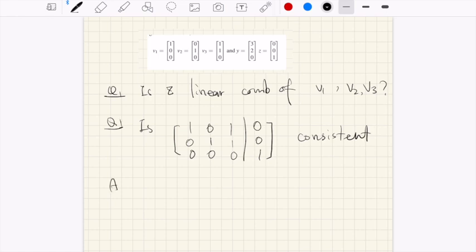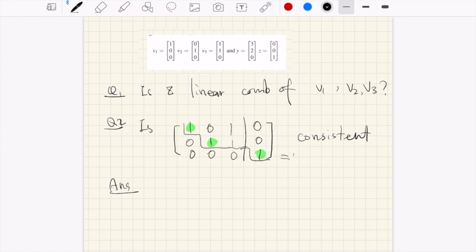The answer is, well, if I look at this augmented matrix, we can immediately identify the pivot, and it's already in REF form. Oh, there's another pivot, which is in the last column. So we have a staircase like that for the REF.